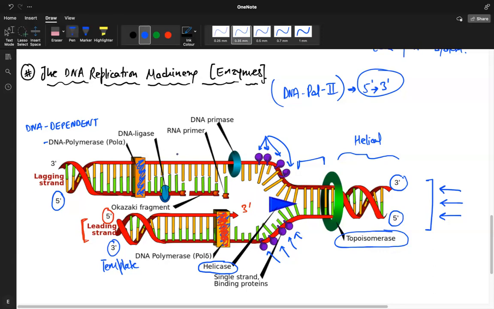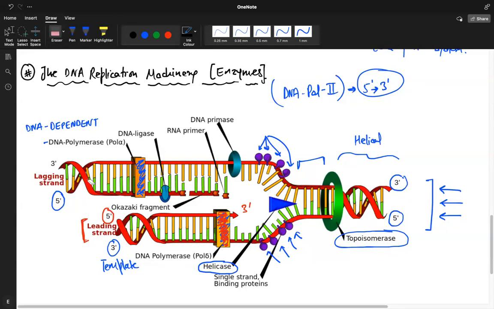So what happens the moment you open the DNA, that opening is known as replication fork. It looks like a fork, right? A fork road like this. So at the replication fork, this 5' to 3' template strand will have to wait.